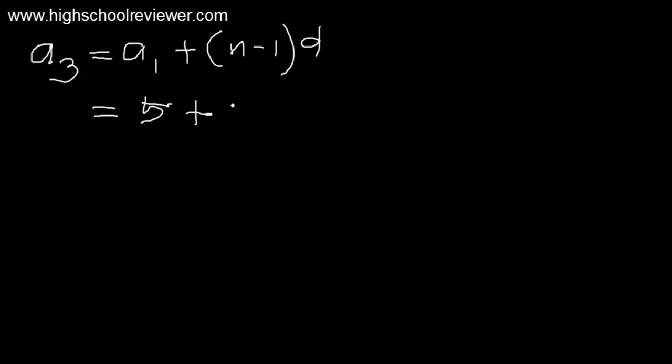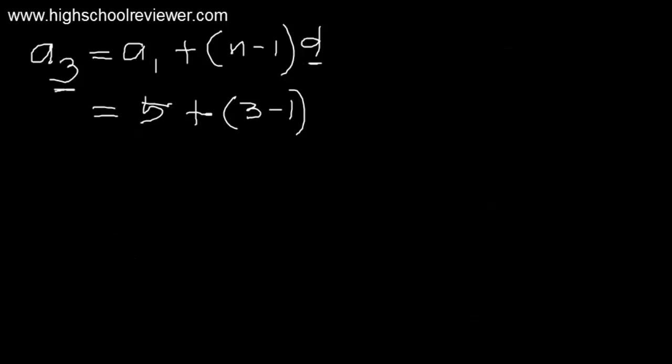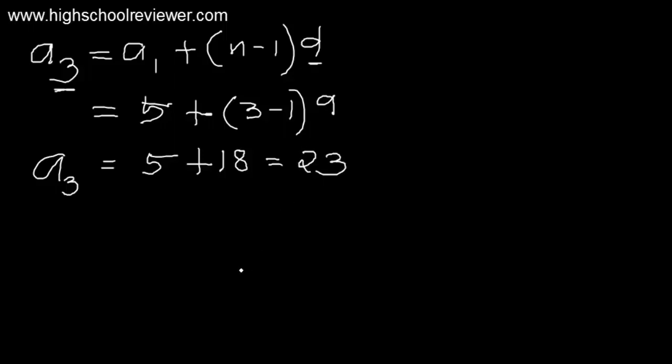Plus our n here, this is the third term, so this will be 3 minus 1 multiplied by D. Our D is positive 9. Our A sub 3 now will be equal to 5 plus, okay, 3 minus 1 is positive 2. Positive 2 multiplied by positive 9 is positive 18. And 5 plus positive 18 is positive 23. Our A sub 3 is positive 23.